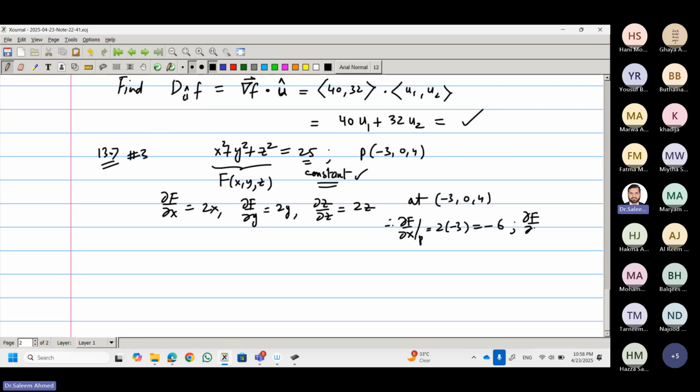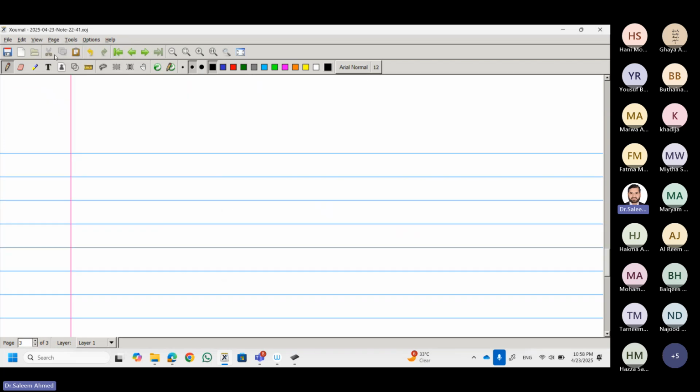Partial F by y at P is 2 times y, which is 0, so it is 0. And partial F by partial z at P is 2 times z, which is 4, so that is 8. So my gradient vector of F is <-6, 0, 8>. This is my gradient vector, which is the normal vector to the plane or the parallel vector to the line.